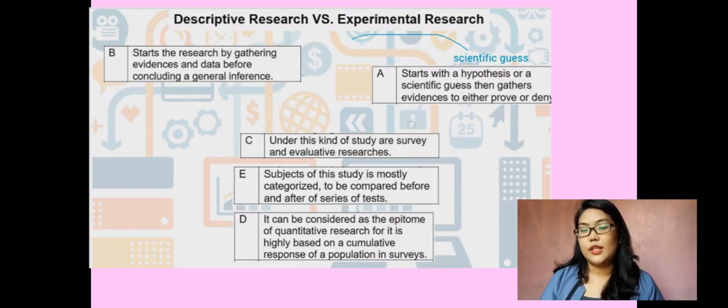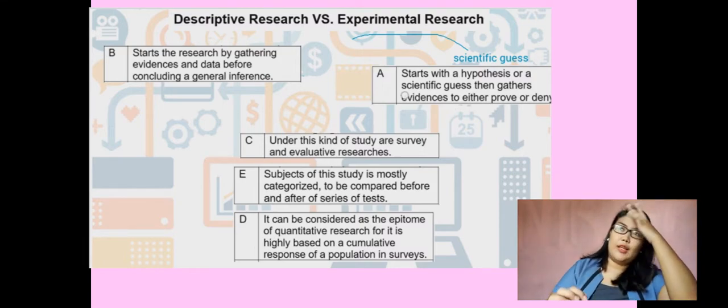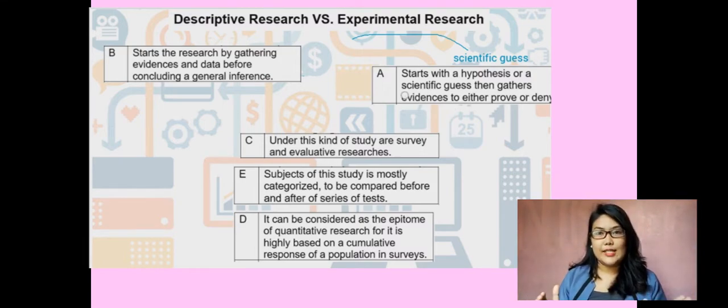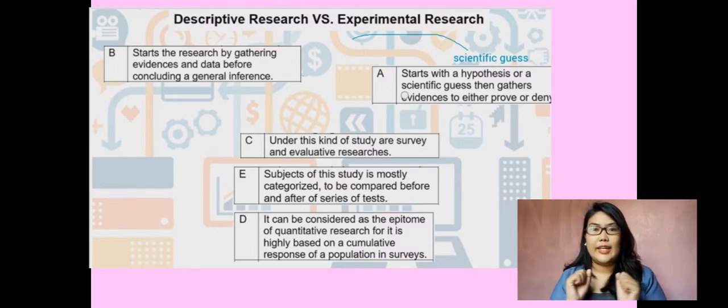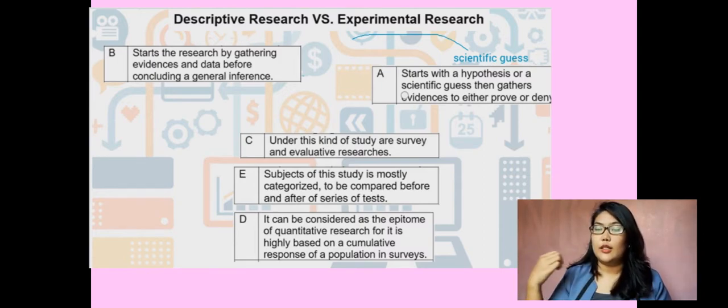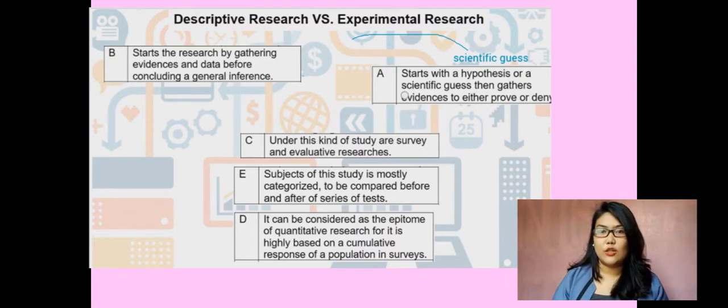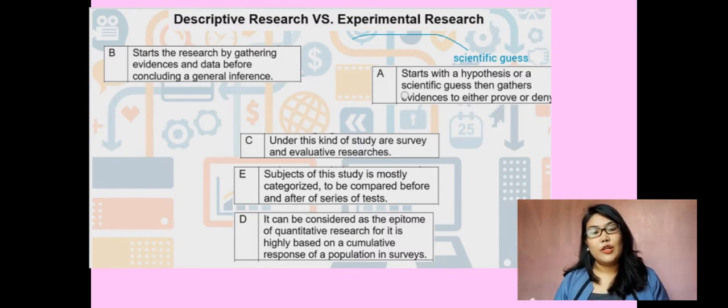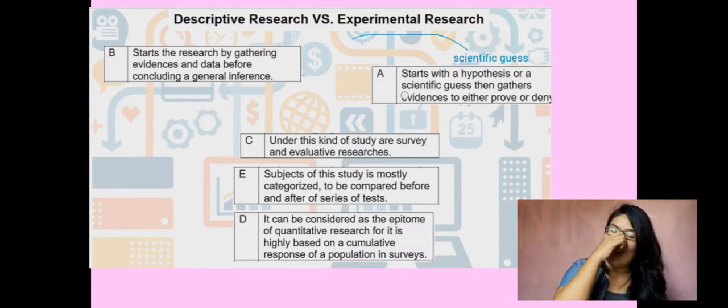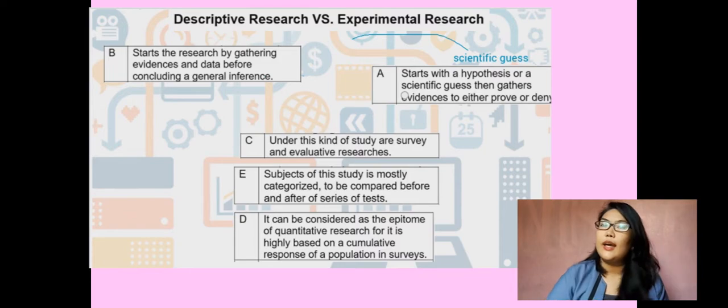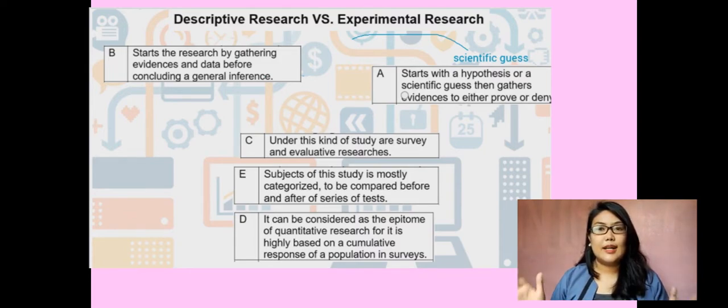The other one starts with a hypothesis or a guess, a scientific guess, and then after that research gets the guess, now that's the only time the evidences will be gathered, the evidences or the observation, the testings will be executed. However, the other one, on the other hand, does not have yet.